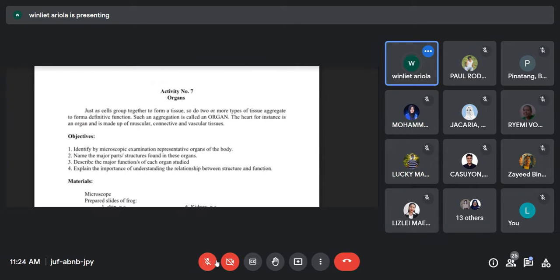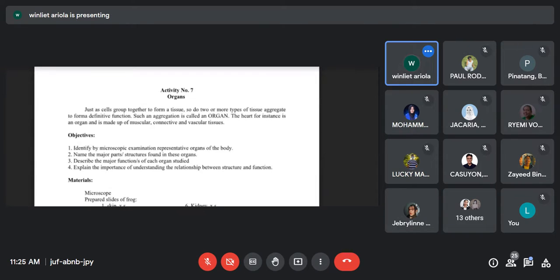Group 4, ma'am. Sa inyo ba yun, Jebrilyn, yung may mga corrections sa numbering? Wala man. Yung sa labeling, remember kasi may klase ako na nag-discuss ng post-lab activity on activity number 7, the organs. Hindi po corrections sa numbering amin, ma'am. Okay, maybe nasa kabilang klase yun.